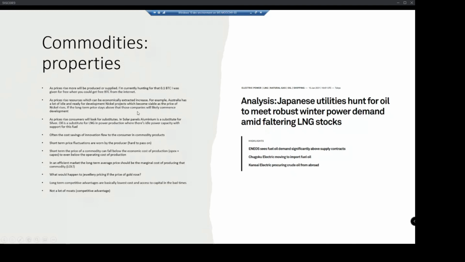The other thing about commodities, particularly things like mining, is that as prices rise, resources which can be economically extracted increase. So you see a lot of shock news articles where they talk about how there's a limited amount of iron ore in the world, a limited amount of gold, or a limited amount of whatever. As the price of that commodity goes up, more resources can be extracted.